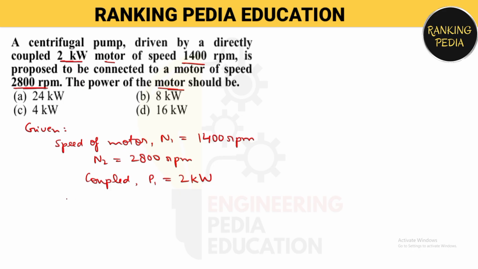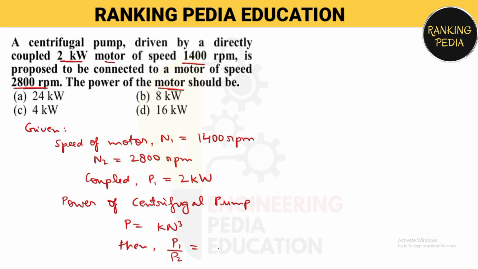What do we have to calculate? We have to calculate the power of the centrifugal pump. For a centrifugal pump, P is equal to K N cube. Then the ratio is P1 by P2 equals N1 whole cube by N2 whole cube, or you can say N1 by N2 whole cube.